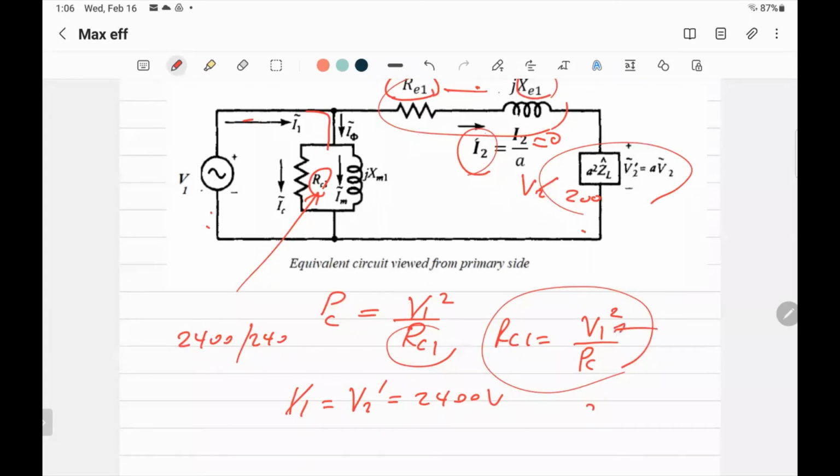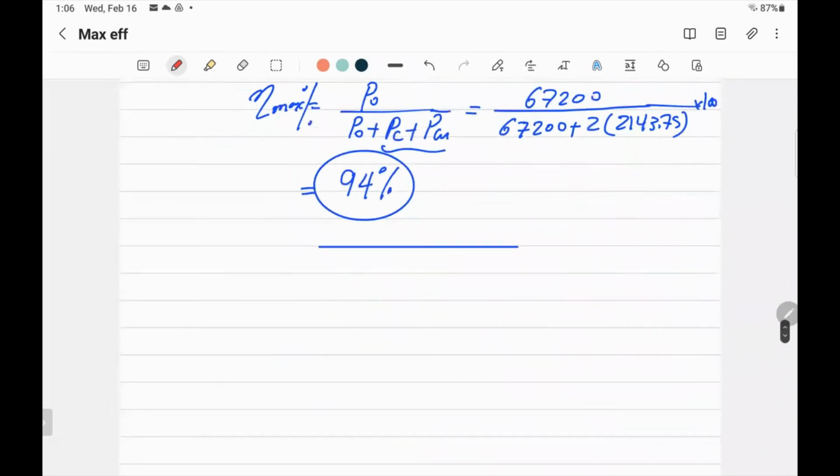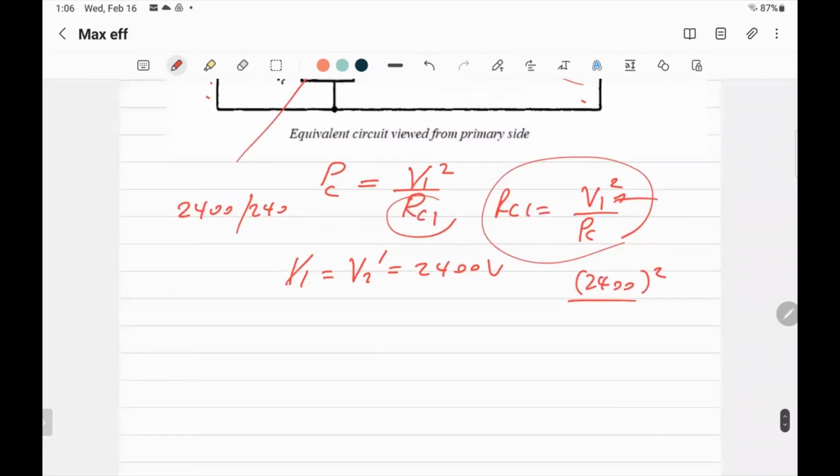You put it here, 2400 squared over the core loss, which we said is equal to 2143.75, and you get the resistance. The value of the core loss resistance was equal to 2686.9 ohms.